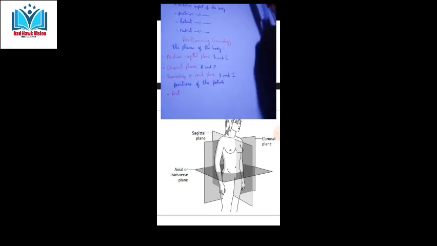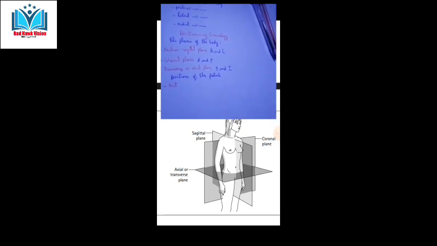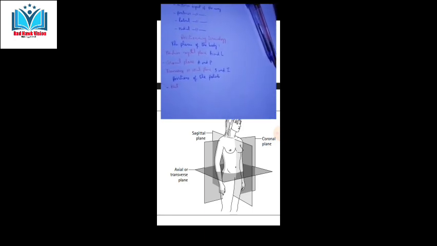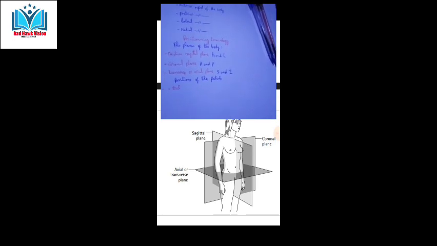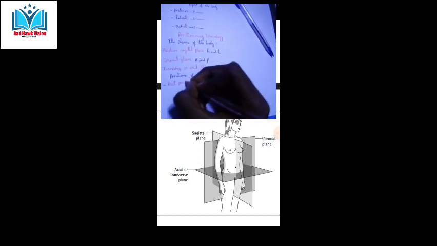The erect position is when the patient is standing or sitting, with the posterior aspect or the anterior aspect or the lateral aspect against the cassette. That's what we call erect position.